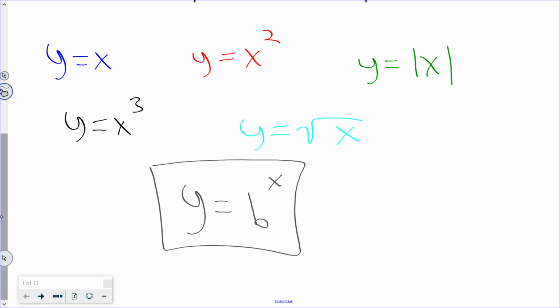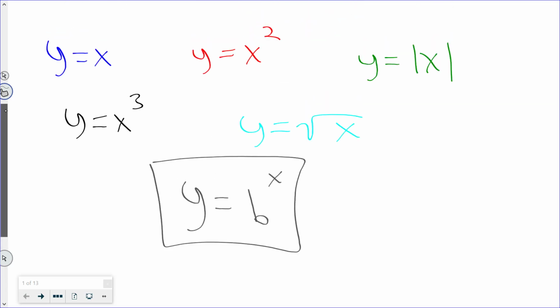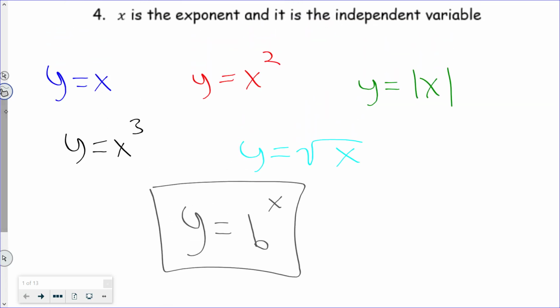Also, with all of the other ones we've done before, the general form, say we're talking about quadratic, would be y equals a(x minus h) squared plus k. Absolute value would be y equals a, absolute value of x minus h, plus k.